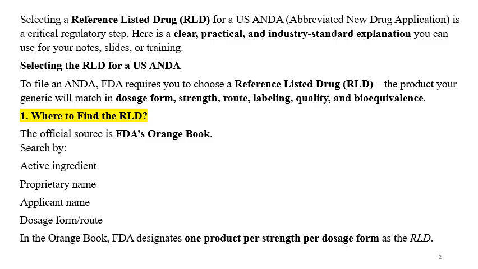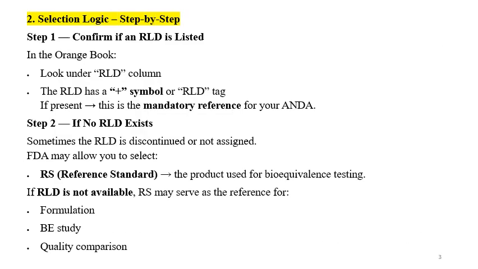Then in the Orange Book, FDA designates one product per strength per dosage form as the RLD. So if you are working on a formulation like tablet, you should check the tablet formulation. So your dosage form, your strength, route of administration, labeling, quality, all should be in line with the RLD.